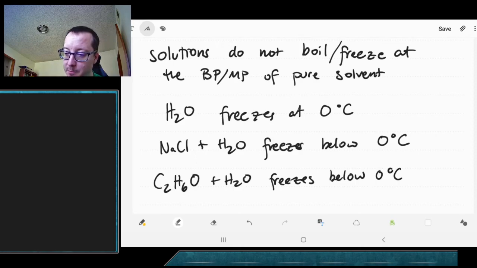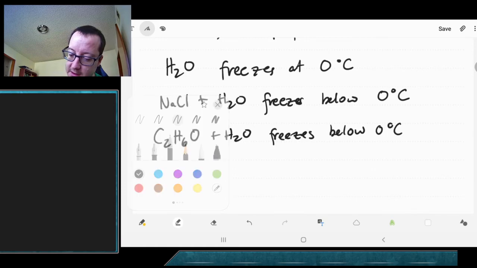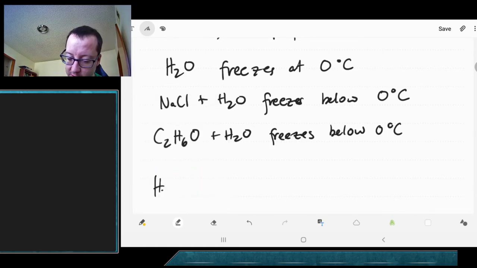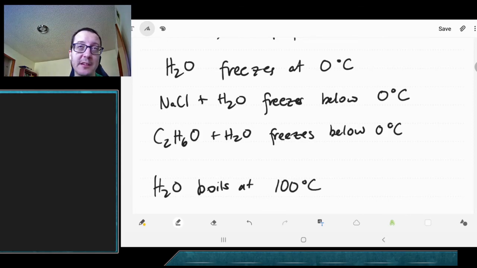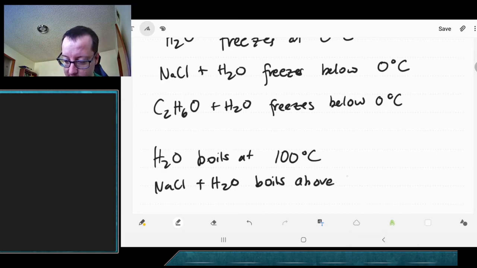And perhaps you know this, or perhaps you don't, but water boils at 100 degrees Celsius if you're at sea level. But if we put salt water, that one actually boils above 100 degrees Celsius.